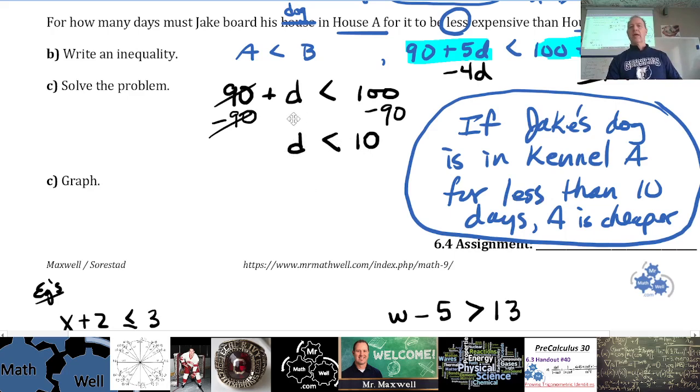So that's one thing that's assumed that you'll have to kind of understand. So if someone said, okay, I'm going to put him in there for negative 5 days, and then the kennel's going to owe me money. That doesn't really work. Phone somebody up. My dog's been there for negative 5 days. I think you owe me some money. If you answered like that on a test or assignment, wrong.